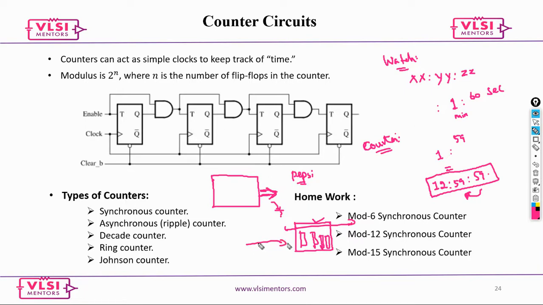This is the kind of automation where counters are used. You need to keep counting the objects, and once it reaches the threshold limit, you create a control signal which goes on to the next process. In this case, you filled the first one, two, three, four, five.